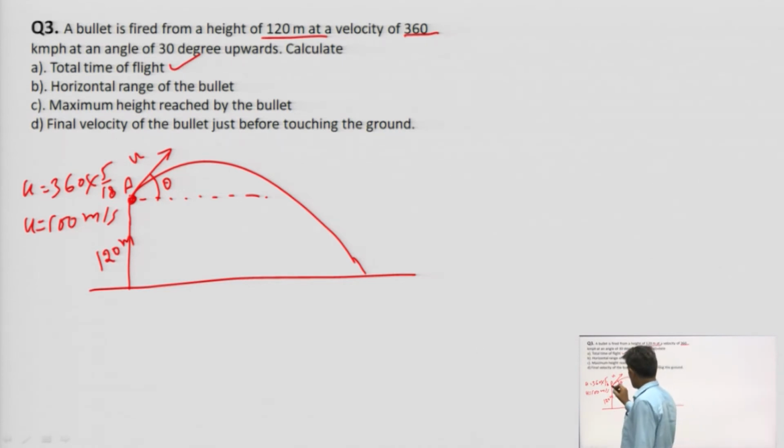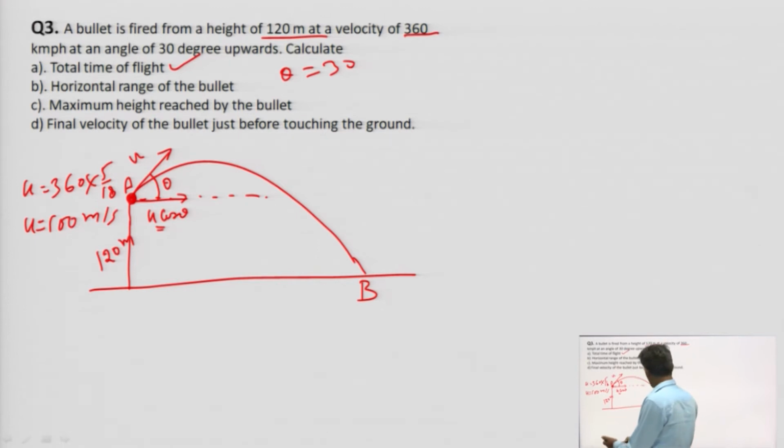So, this is A, this is suppose B. So, the horizontal and vertical components: this one is u cos theta, and since theta is given to us as 30, its value is 100 into cos 30, so this value is 86.6.